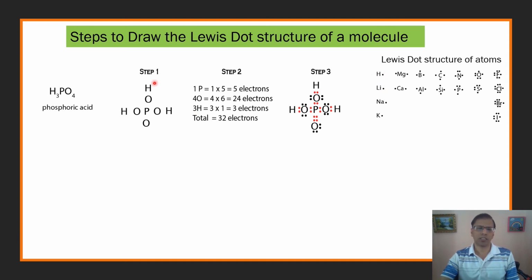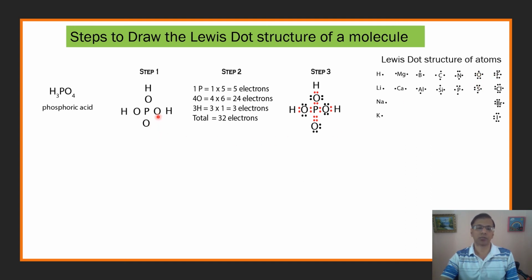So if you recall, based on step 1, hydrogen has only 1 electron, so it's next to only 1 atom, which is oxygen. You can see all the 3 hydrogens in this case are next to only 1 atom, and that's the oxygen atom. In case of oxygen, there are 2 unpaired electrons, so it can form 2 bonds. So oxygen should be next to only 2 atoms.